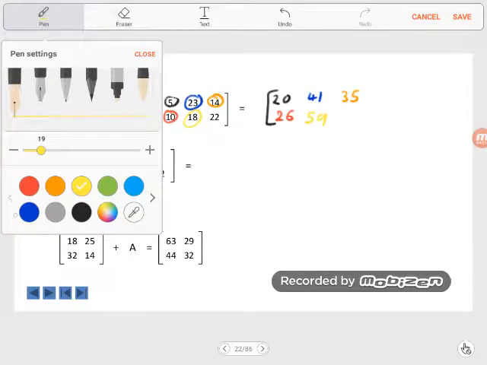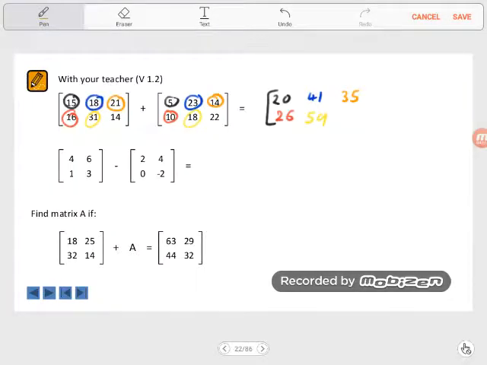And last but not least, 14 and 22 add up to 36. Okay, so there's the answer to that one.